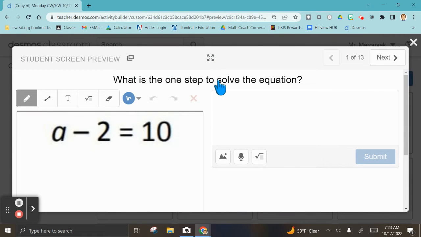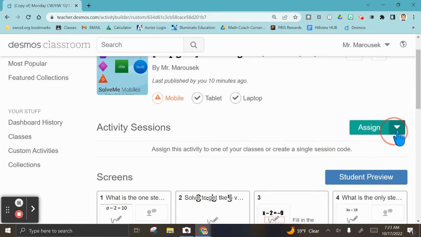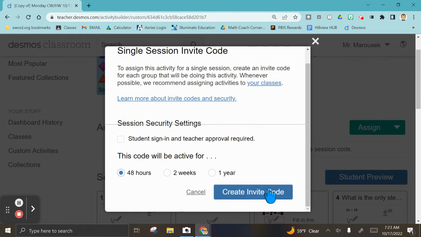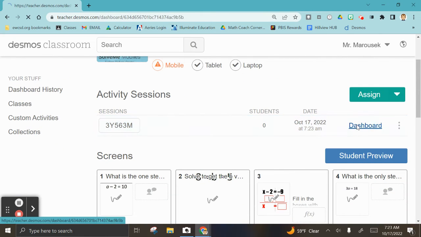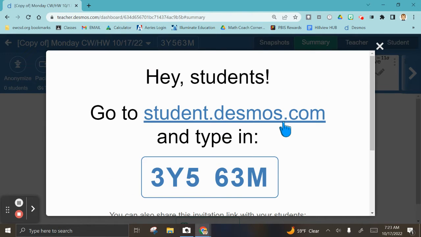I can't put it in your Google Classroom, but I can still assign this right now, and I can have you guys get into this code here. That's the code. You're going to go to student.desmos.com, okay? Student.desmos.com, and you're going to put that code in. Go ahead and keep doing that. Now get in there. The sub can pause the screen to make sure everyone gets in.